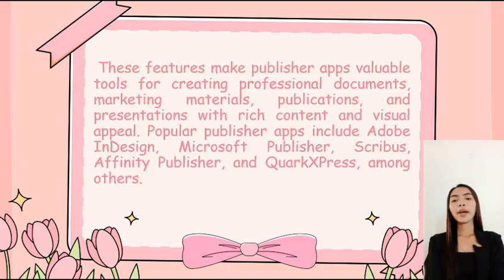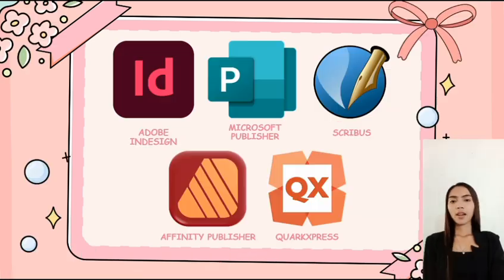These features make publisher apps valuable tools for creating professional documents, marketing materials, publications, and presentations with rich content and visual appeal. Popular publisher apps include Adobe InDesign, Microsoft Publisher, Scribus, Affinity Publisher, and Quark Express, among others.